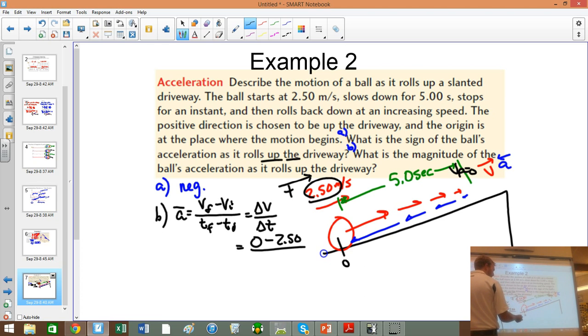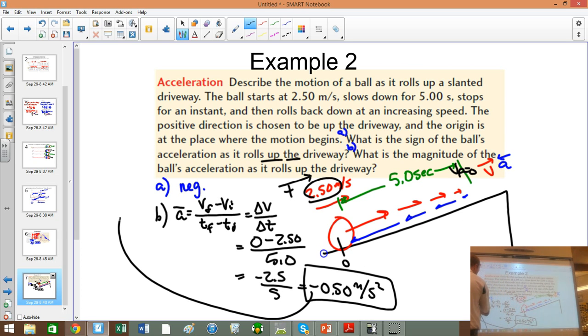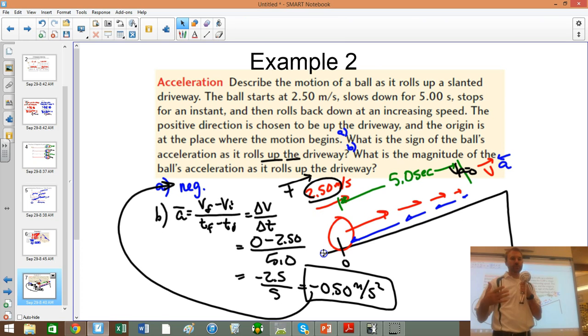My time that it took me was 5 seconds. So if you'll notice, 0 minus 2.5 is a negative 2.5 over 5. So that's negative 1/2. And that should coincide with part A. And my math should match what my sign convention says.